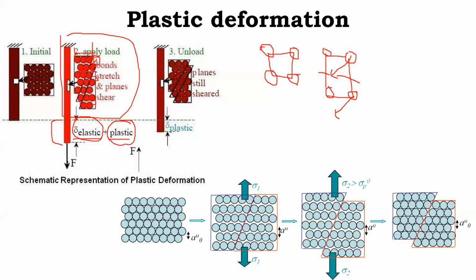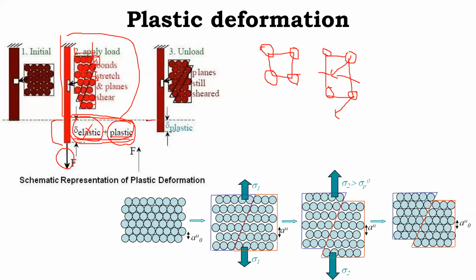When we elongate something, we experience that its diameter is decreasing and the length is increasing. And the important thing to understand is total deformation is equal to elastic deformation plus plastic deformation. Now when we remove this load F, this elastic deformation is going to vanish and this plastic deformation is going to stay.